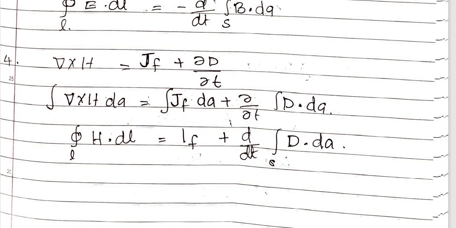So the first step to derive the boundary conditions is to convert all the differential equations into integral form. Now we have converted Maxwell's differential equations into integral equations. Then we can apply the boundary conditions for the boundaries between two media.